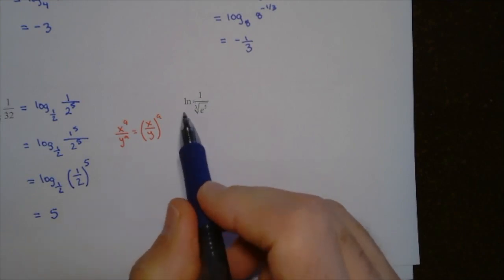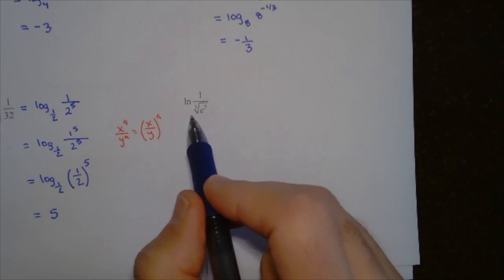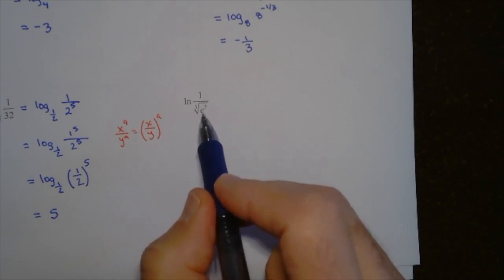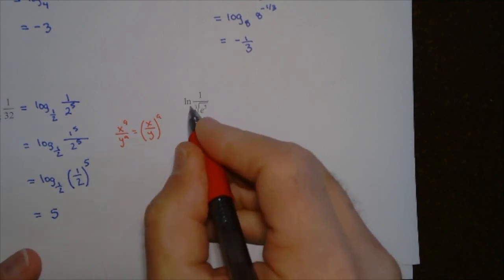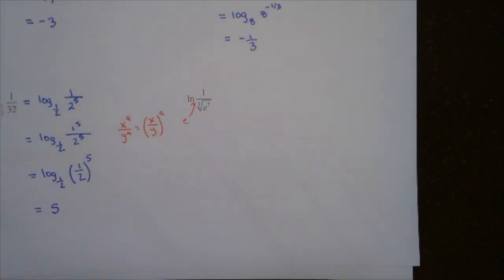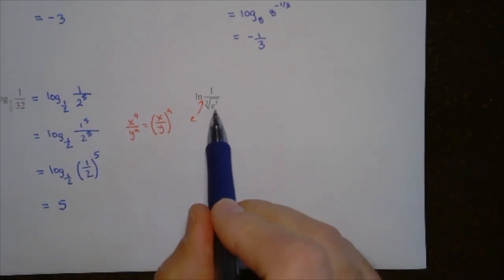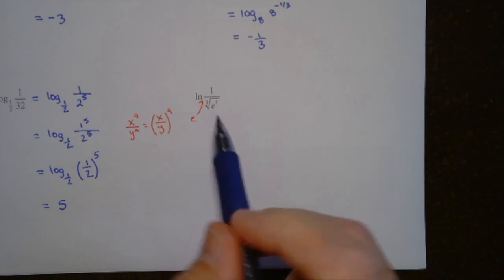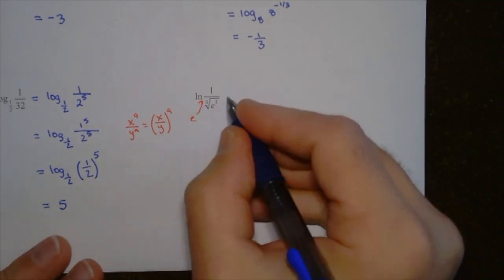Okay, so this last problem, how do you evaluate the natural log of 1 over the cube root of e to the 5th? Now remember, what's not being written right here is the base, because ln is base e. So how do you rewrite this? Because we want it to be e to a power.